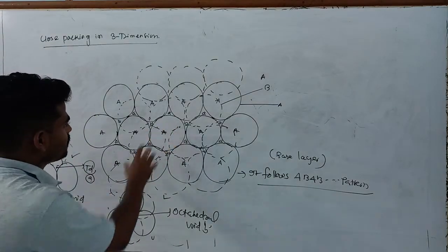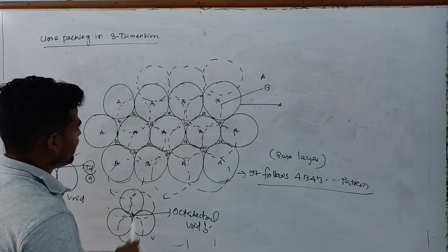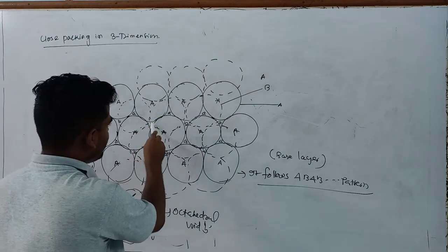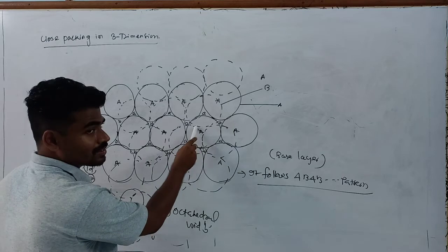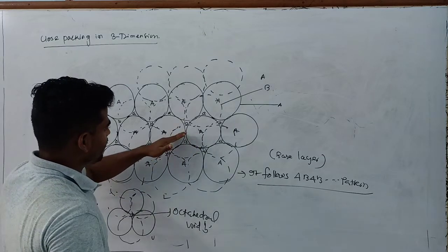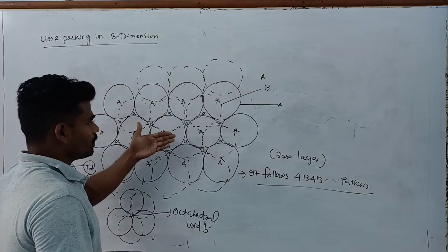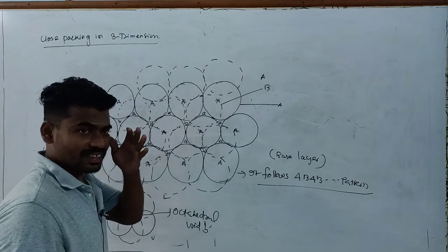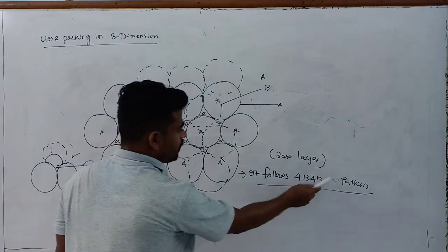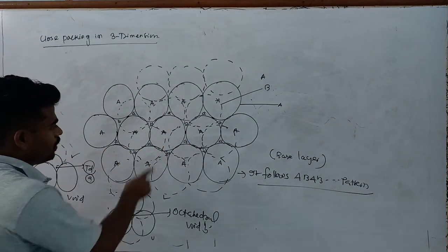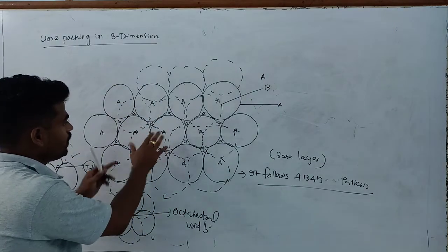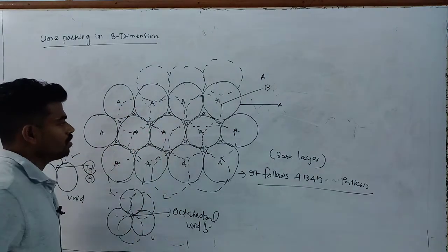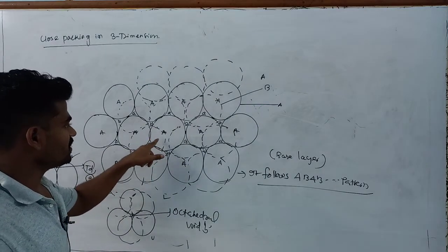Upon these spheres, there is a triangular arrangement of 3 spheres of the second layer, 1, 2, and 3. So if this is A, the second one is B, and just below also 3 spheres are like this, because it follows an A B pattern. Just below this sphere, that means at the back side of the whiteboard, there will also be 3 spheres connected to these spheres. So 3, 6 and 3.